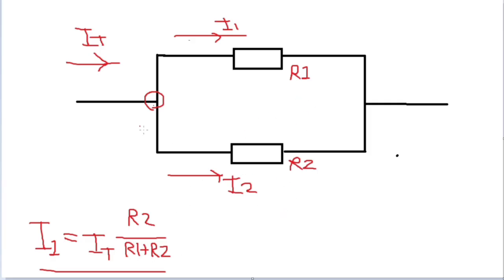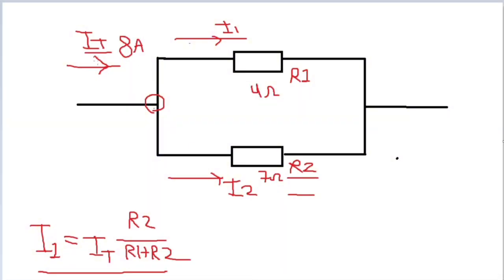So let's say I total was 8 amperes, R1 had a value of 4 ohms and R2 had a value of 7 ohms, and you wanted to find I1.